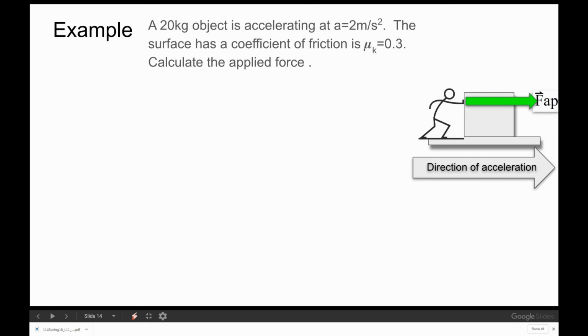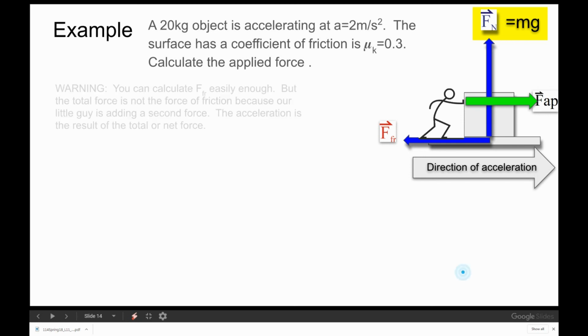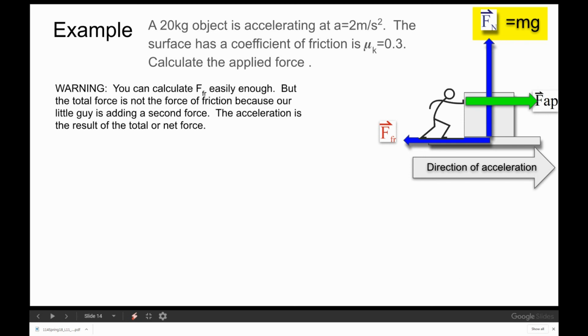So this person is, say, pushing the object forward. That's the applied force. There's our normal force. And we now have a force of friction that has been created from the normal force. You can calculate the force of friction easily enough, but the total force is not just the force of friction because our little guy is adding a second force.